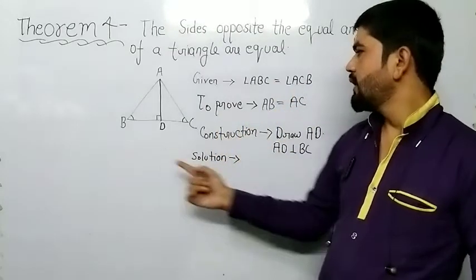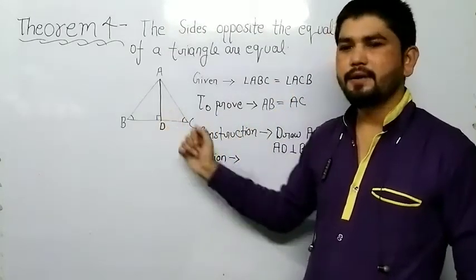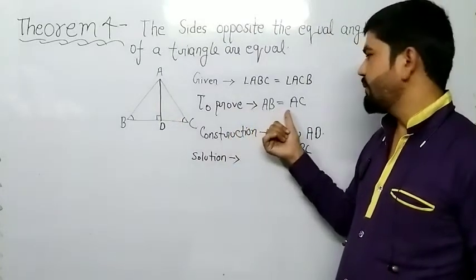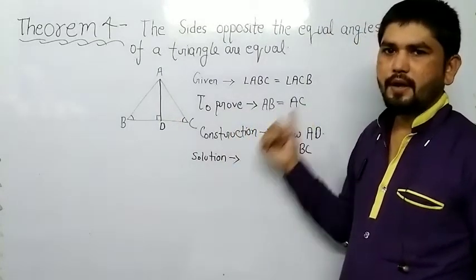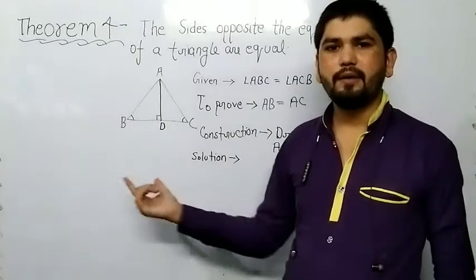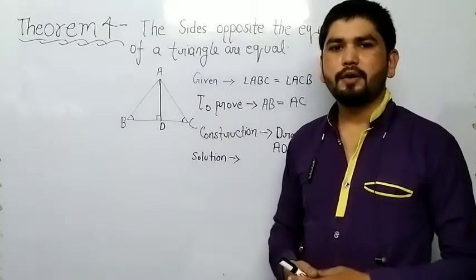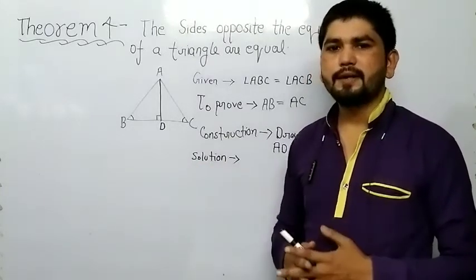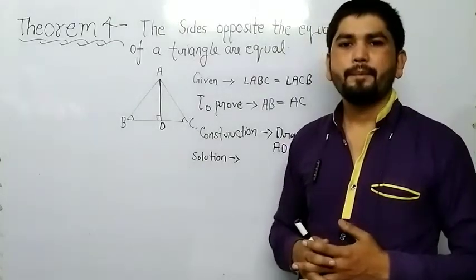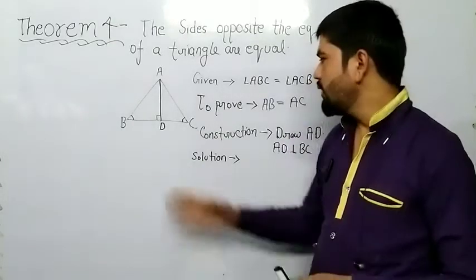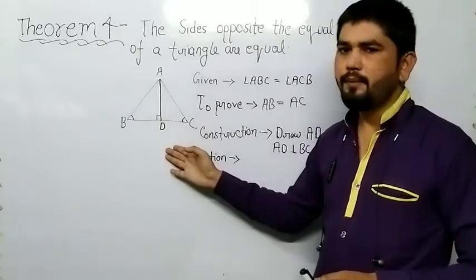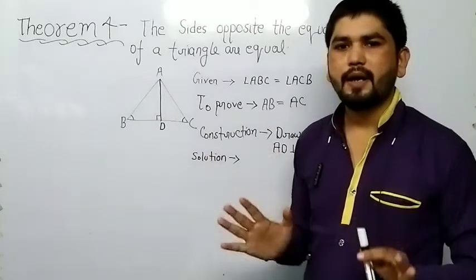After that, to prove, opposite sides are AB and AC, so we have written here AB is equal to AC. Then construction was required because we have only one triangle, but to apply a congruency rule we require two triangles. That's why we have done the construction: draw AD perpendicular to BC. Perpendicular stands for right angle.